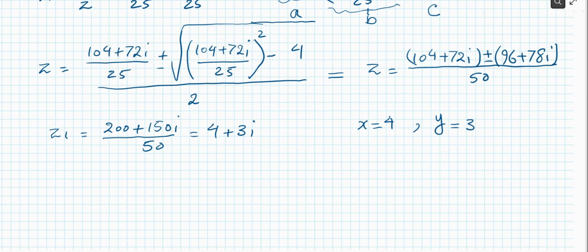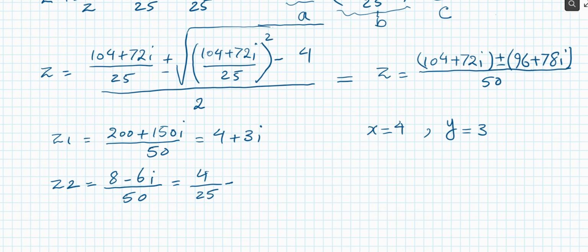The other root of this equation, z2, is equal to 8 minus 6i divided by 50. And this would be 4 over 25 minus 6 over 50, which is 3 over 25, i.